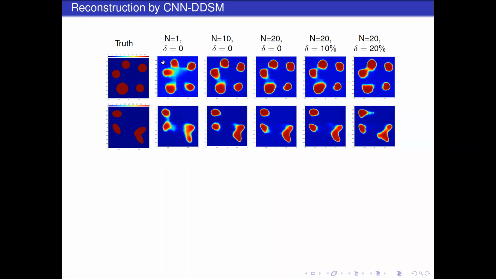But even for a single measurement, the reconstruction is still very reasonable. It's almost accurate. There is a little bit of roughness around the center, but overall, it is really satisfactory. So this already shows the CNN architecture indeed is much better than the FNN architecture, and we want to go back to understand why that is.